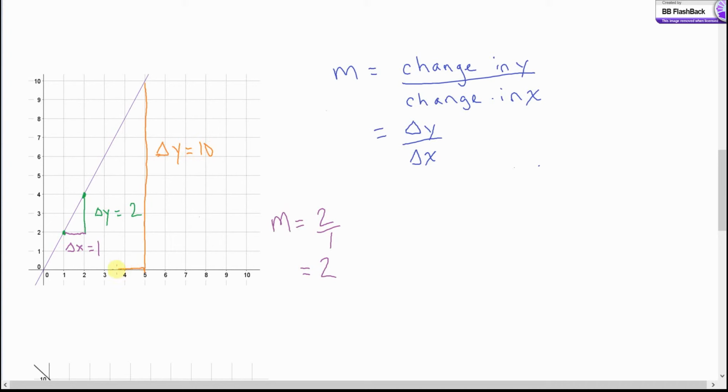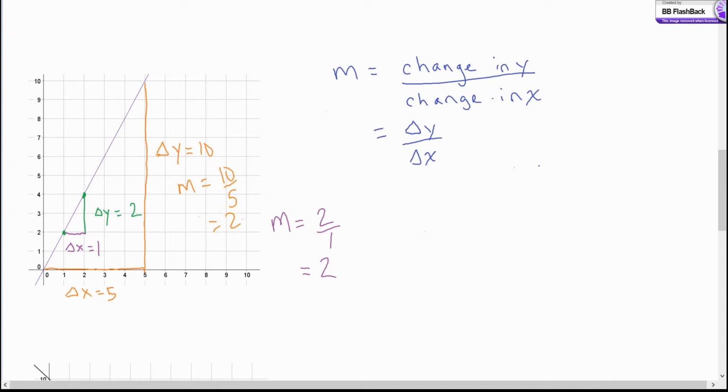And the x is up to 5. Okay. So now this time when we do the slope, we get 10 over 5. Ooh, 10 over 5. Is that different? No, 5 goes into 10 twice. So we still got m equals 2, a slope of 2.